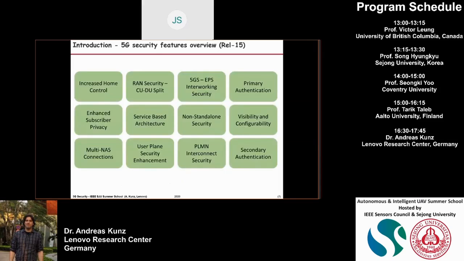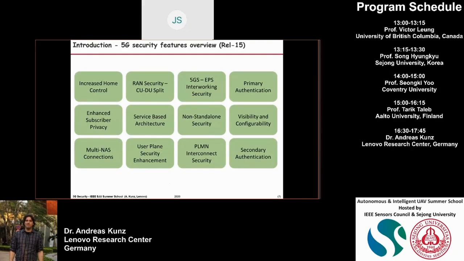Let me give you some very brief overview. Also, most of those features will be discussed later in this talk. So we have the increased home control, which is part of the authentication procedure. We have the RAN security split between the control unit, the central unit and the data unit, which is a very RAN specific thing. Then we have the 5G and 4G interworking security.